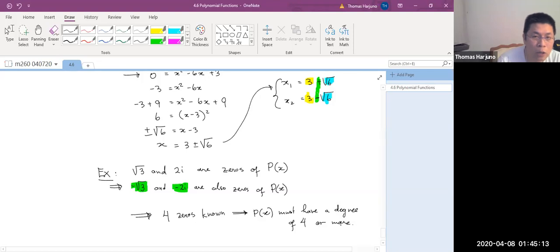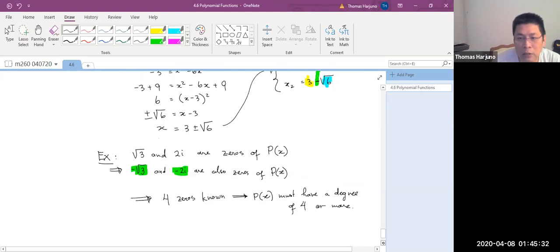That's what the conjugate zero theorem is saying. It's supposed to be that simple. If you get confused, you must be thinking too hard. If you know a zero that's irrational or complex, then the conjugate must also be a zero. That's it. Now, the next one is the rational zero theorem.